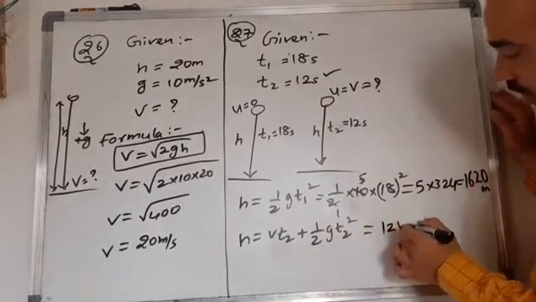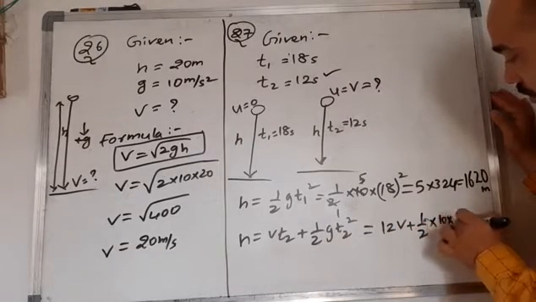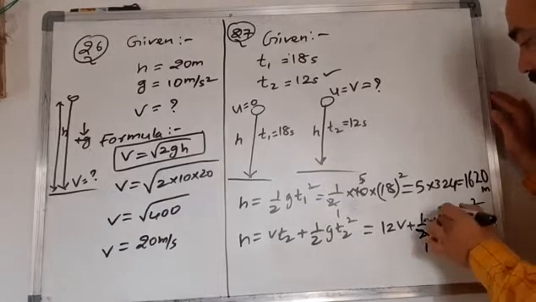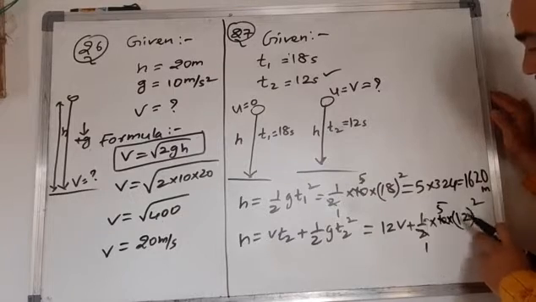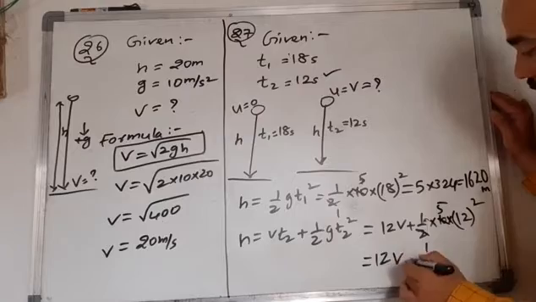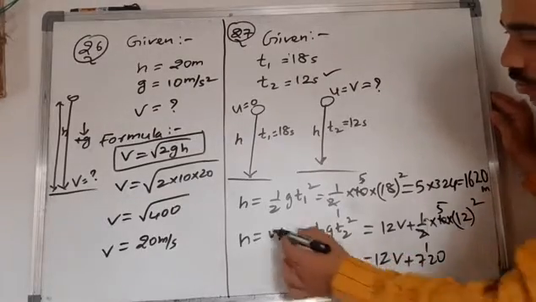So we can write 12v plus half into 10 into 12 square. 12 square is 144. 144 into 5 means you will get 12v plus 720. This is equal to h.